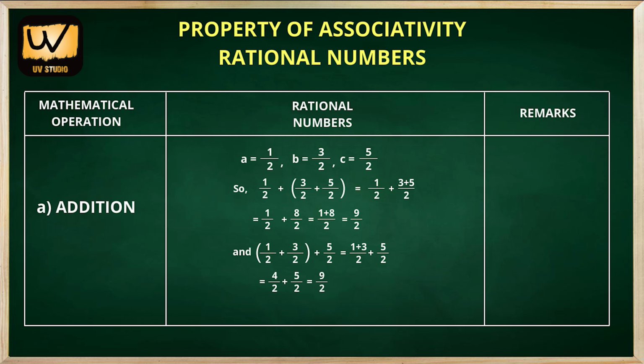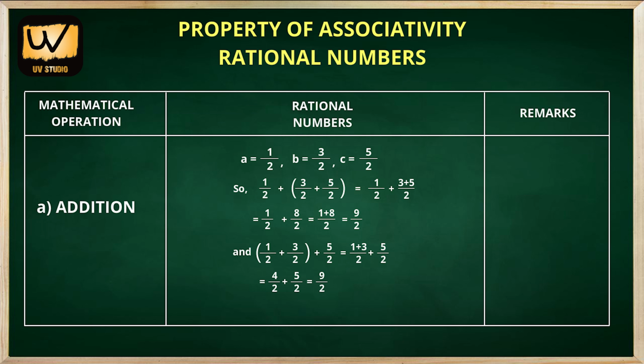Let us take the second expression, (A plus B) in brackets and plus C outside. So (1/2 plus 3/2) in brackets plus 5/2 outside. The LCM of the bracket will be 2. In the numerators it will be 1 plus 3, plus the third value, 5/2.